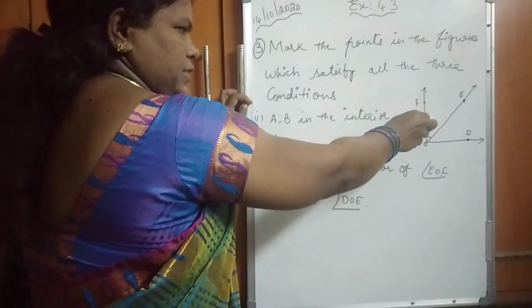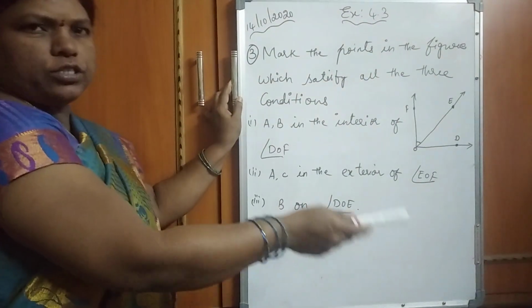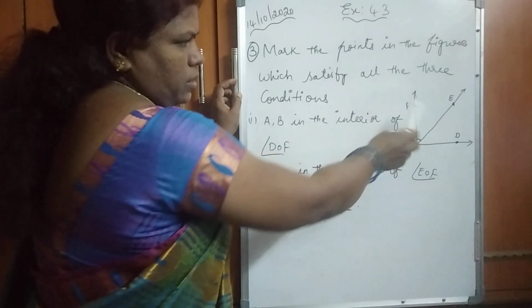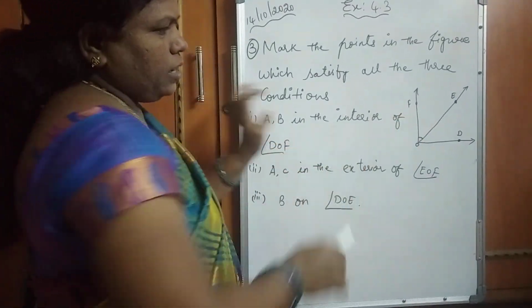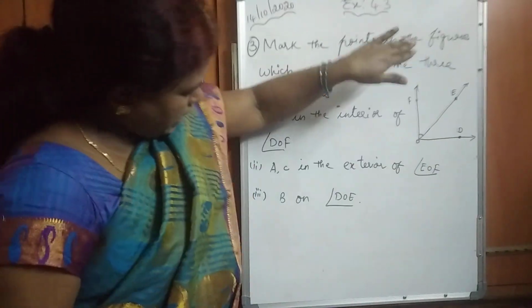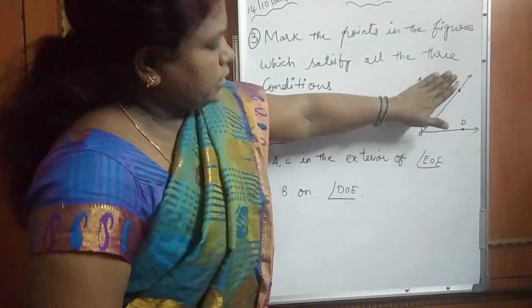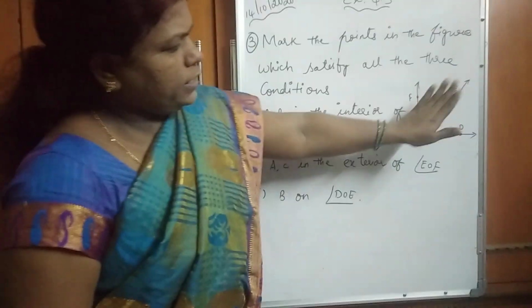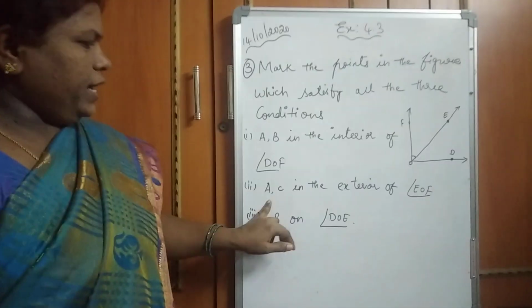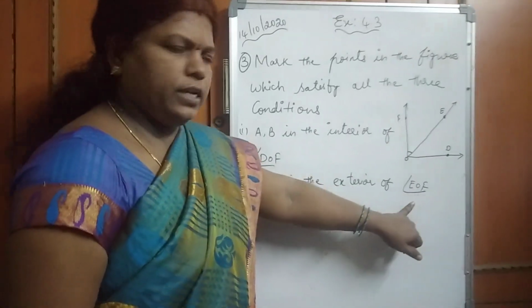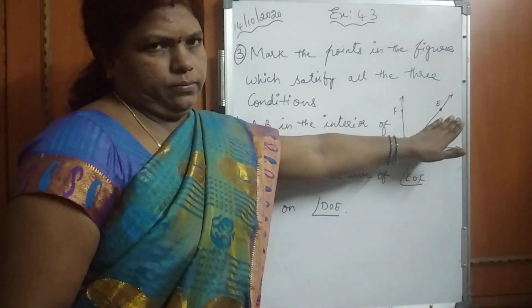They should not be in this area. We should not mark A and C in the interior here. They should be in the exterior, so they should be here somewhere.